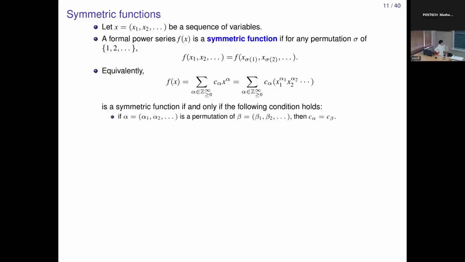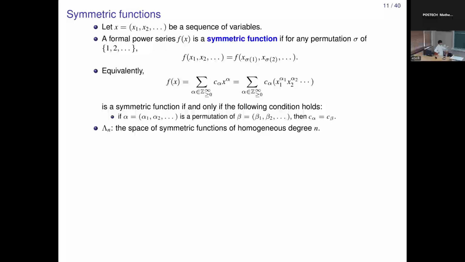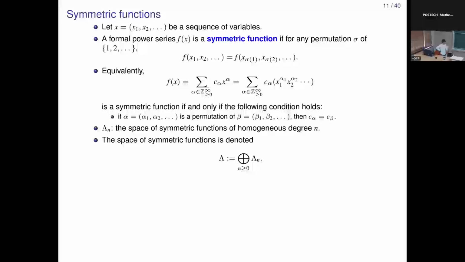By the way, I'm going to denote the space of symmetric functions of homogeneous degree n by this Lambda n, and Lambda is the direct sum of all of them. So this is the space of all symmetric functions.